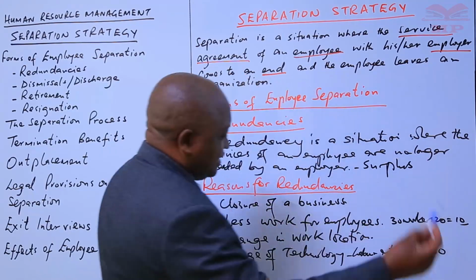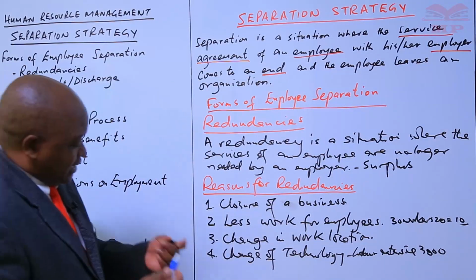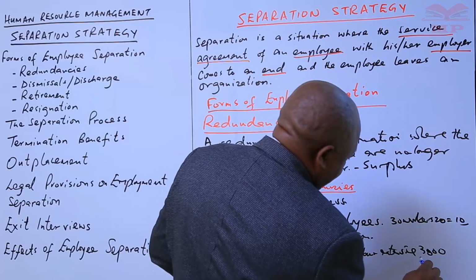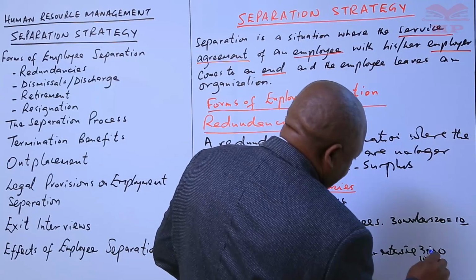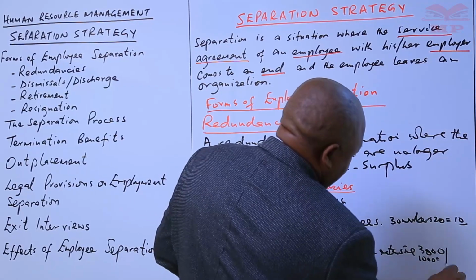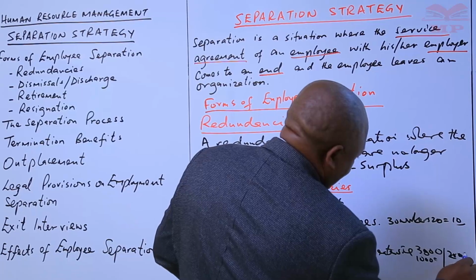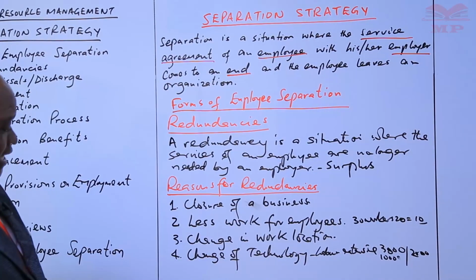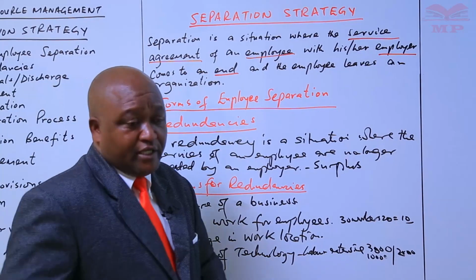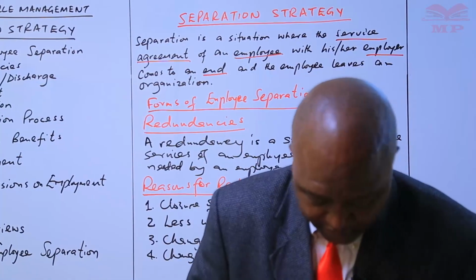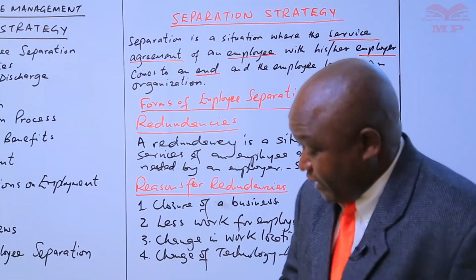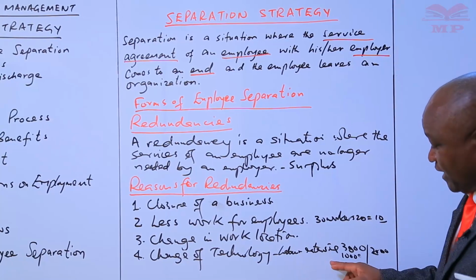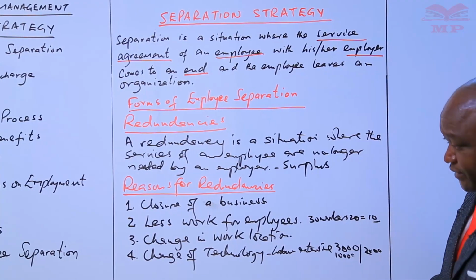Then it has enhanced the level of technology, and now the organization only requires 1,000 employees. So that means 2,000 workers will be declared redundant due to the changes that have occurred in technology. That situation ensures that these extra workers may have to be offloaded.